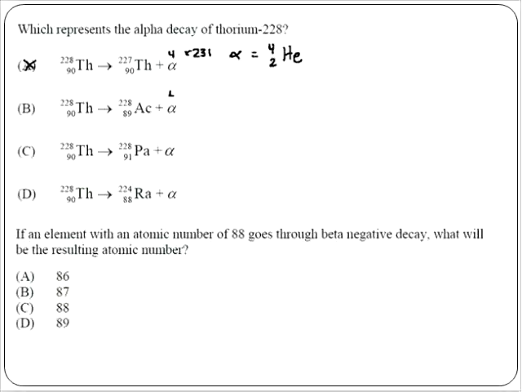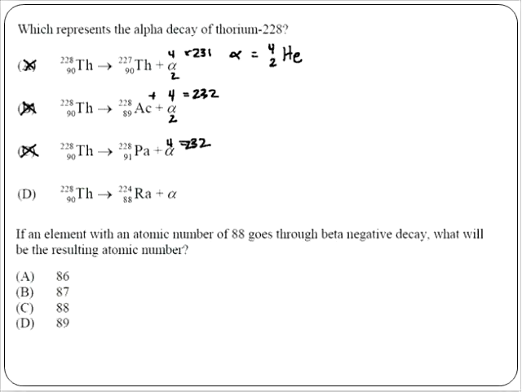And again, if I put a 4 on top and a 2 on the bottom, 228 plus 4 would equal 232. Again, not the number on top. No good. The next one, 228 plus 4 would equal 232 again. It's not that one. Well, there's only one left now.